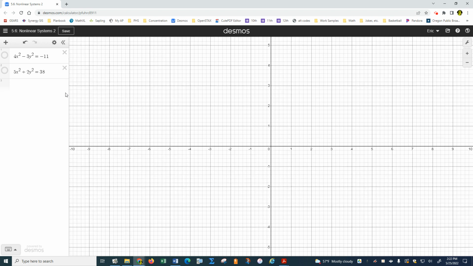Okay, let's start with the bottom equation. Anybody want to just make an educated guess about what that shape is going to be? What's that function going to look like? 5x squared plus 2y squared equals 38.